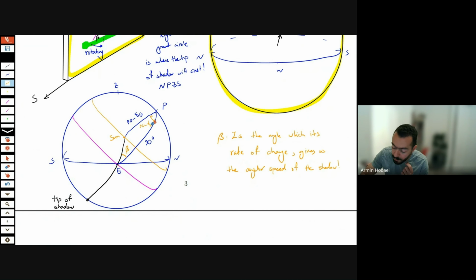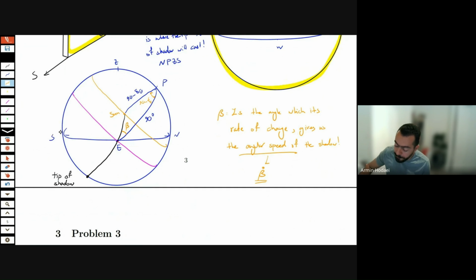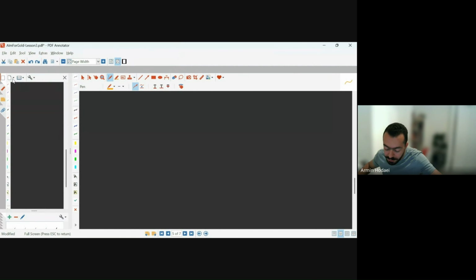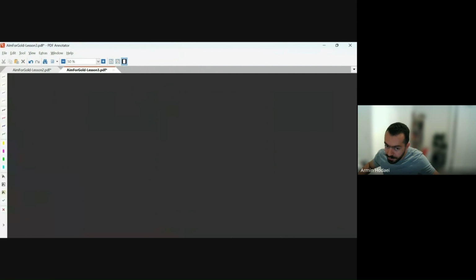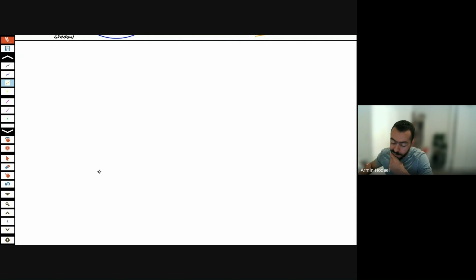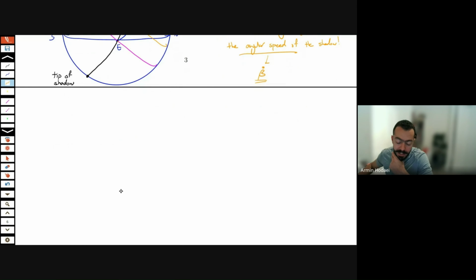Cool. Okay, so now that I have that triangle and I'm looking for the angular speed of the shadow, which is beta dot. So I'm looking for beta dot. Oopsie. Maybe I can, what I can do here, I'm going to sketch that triangle here again because it got a little bit messy.